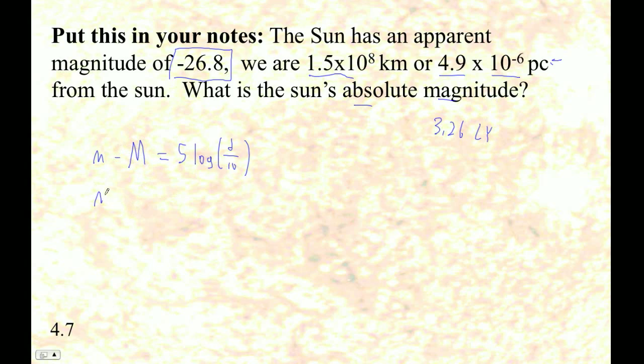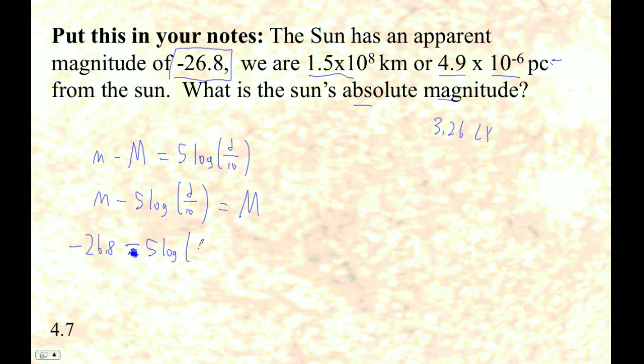Okay, so it's the same thing we just did. m minus 5 log equals big M, right? So minus 26.8. Oops, sorry. Minus 5. That's supposed to be a minus. Ignore that. That's like a little thing that holds up the minus.